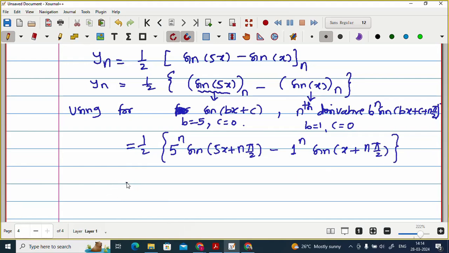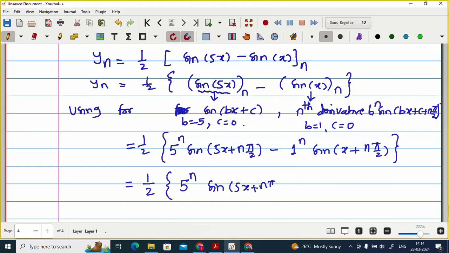That's it. Finally, for the simplification, you cannot do anything. Let it be as it is. 5 raised to n will stay 5 raised to n because we don't know what n is. n is any number, meaning 1, 2, 3, 4.